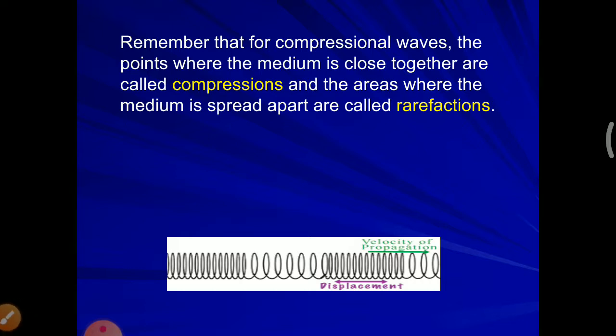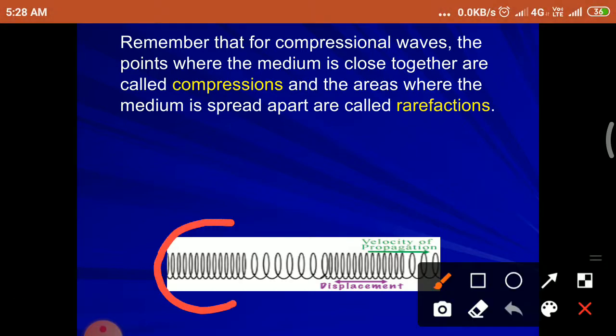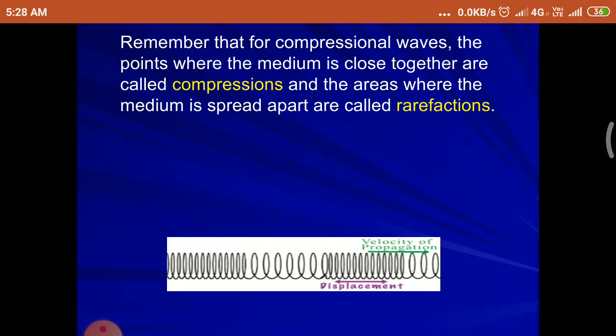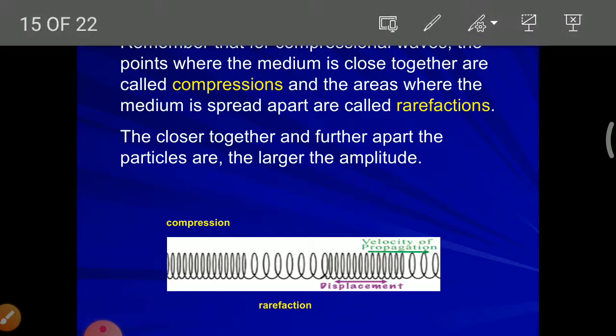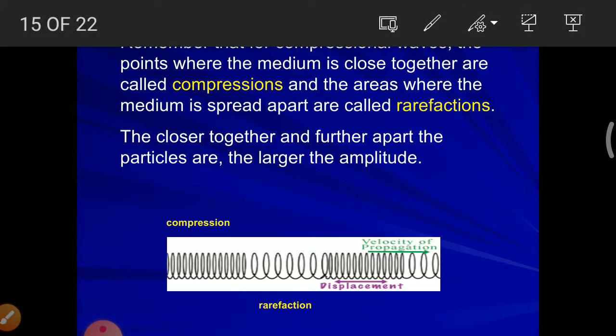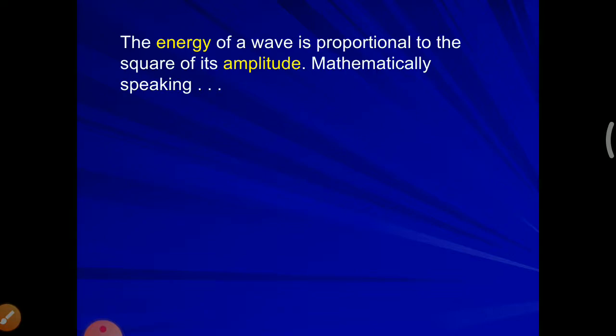If you take a slinky, this is a compression and this is a rarefaction. The closer together and further apart the particles are, the larger the amplitude. So in a compression area, the amplitude is maximum.